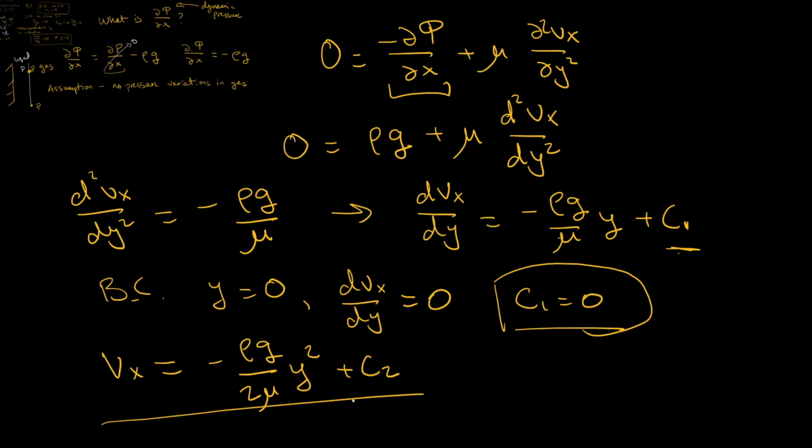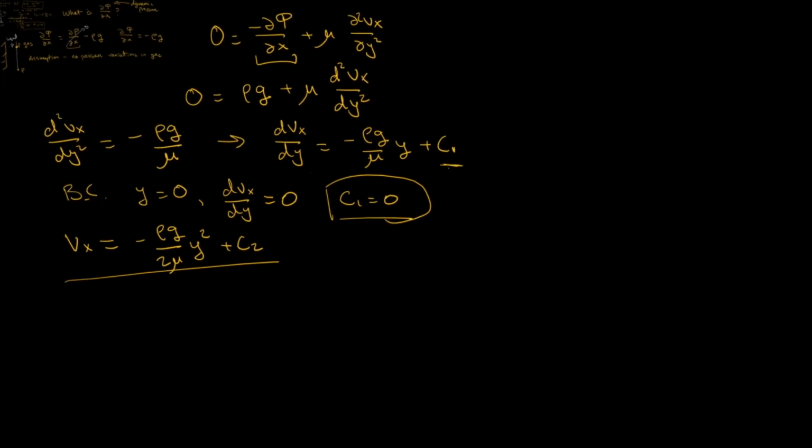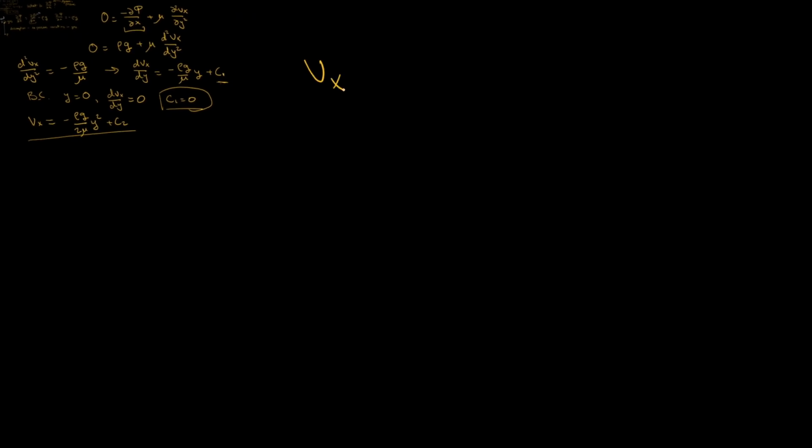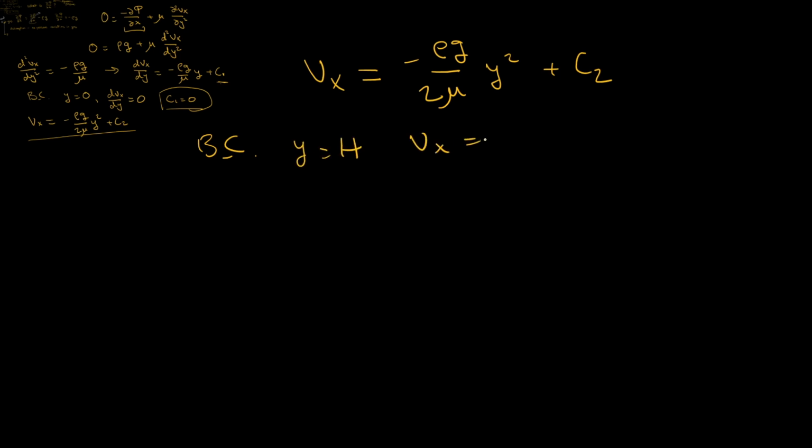And so now we just need to solve for this last integration constant and we're done with the problem. So again, we have Vx is equal to minus rho g over 2 mu y squared plus c2. And our boundary condition that we have left is that at y is equal to h, our velocity is equal to 0.